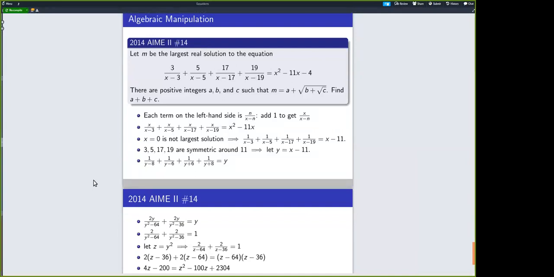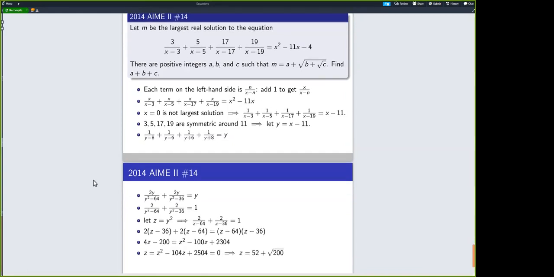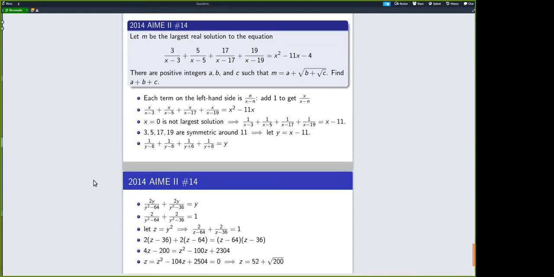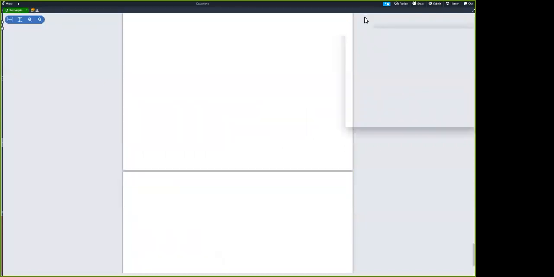Scroll down, please. Yep. So now we get a quadratic for z. Oops. That should not be z equals z squared minus 1 over 4z. Let's fix that. Yeah, so now we just get a quadratic for z.